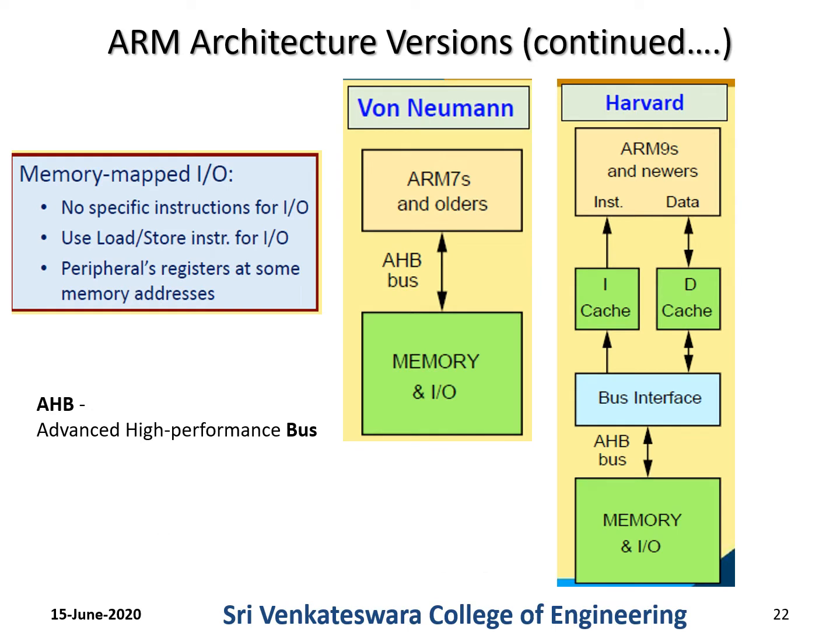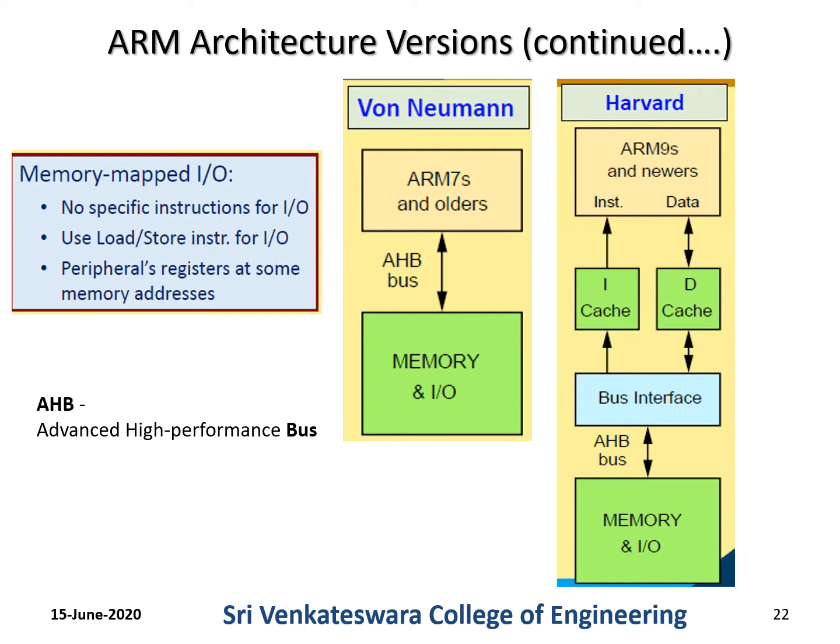Two versions of ARM architectures are shown here, ARM 7 and ARM 9. ARM 7 follows von Neumann architecture and ARM 9 follows Harvard architecture. As we know, von Neumann architecture doesn't have separate instruction memory and data memory, whereas Harvard architecture has.